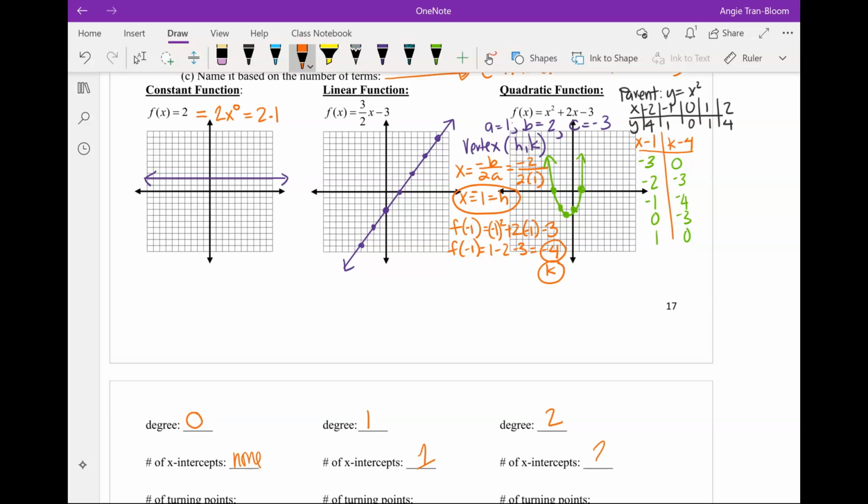Okay. So usually these are related. If the degree is 2, you will have at most, again, at most 2 x-intercepts. If the degree is 1, you will have at most how many x-intercepts? 1. You may not have any, but that's at most. The most you can have is the number of the degree. You can have less, but that's the most you're going to have.